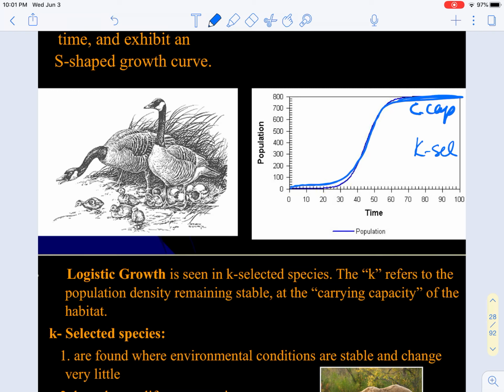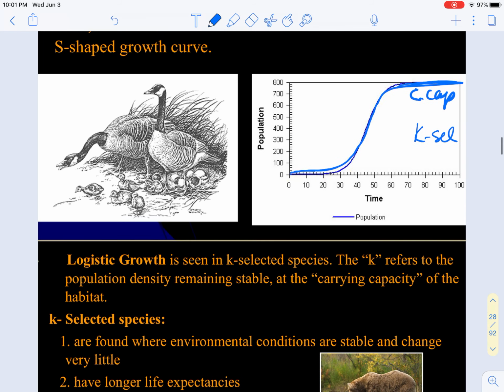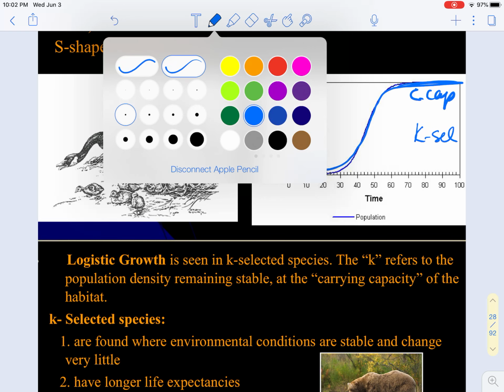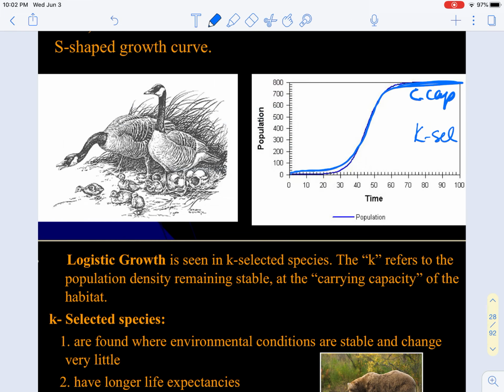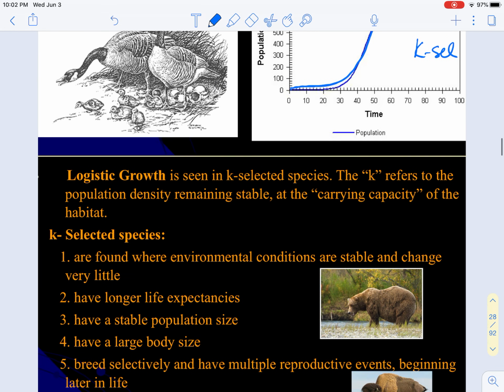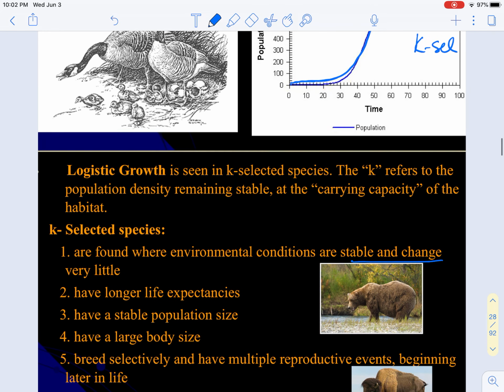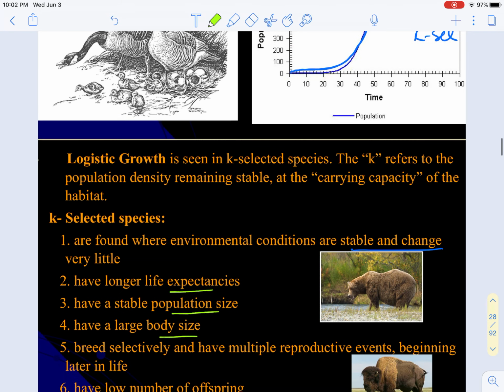So you see them take time to get established, then they slowly get higher in number, but then they reach carrying capacity. And these organisms are found in environments that are fairly stable.